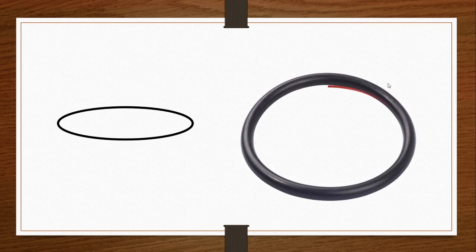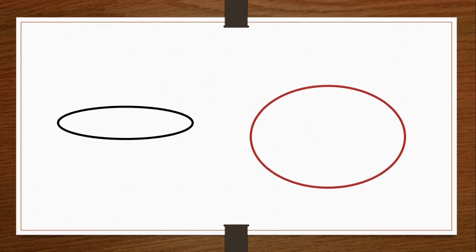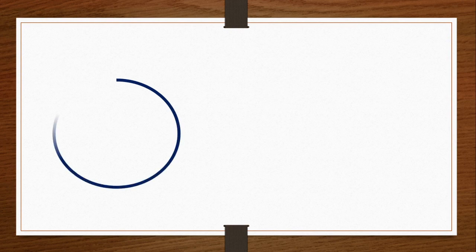I will trace the edge of this rubber tube. I will remove this rubber tube. See, we got a shape like this. The same shape we will draw here. See, correct? This shape we got from the bangle and from the rubber tube, isn't it?